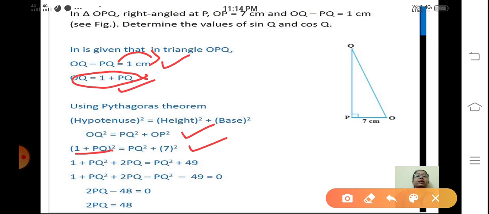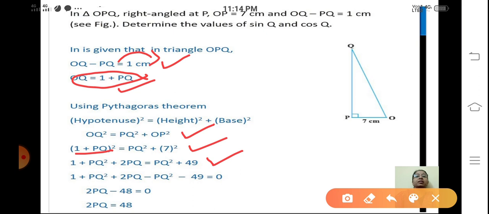Now you expand this bracket, 1 plus PQ the whole square, by using the A plus B the whole square identity. So 1 square plus PQ square plus 2 into PQ is equal to, right hand side is PQ square plus 7 square is 49. Right.